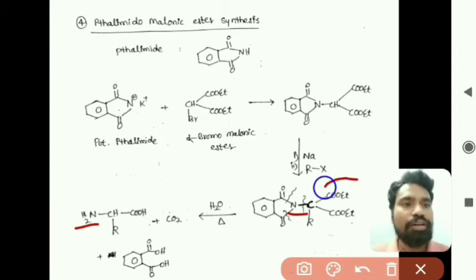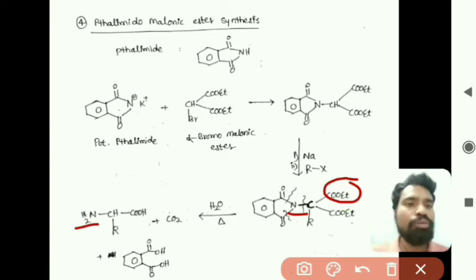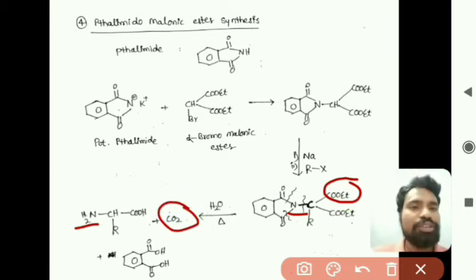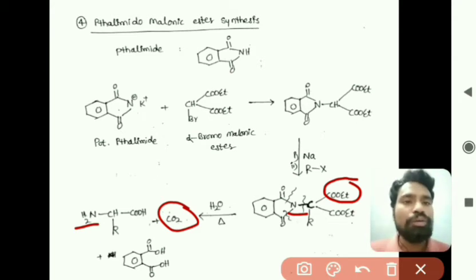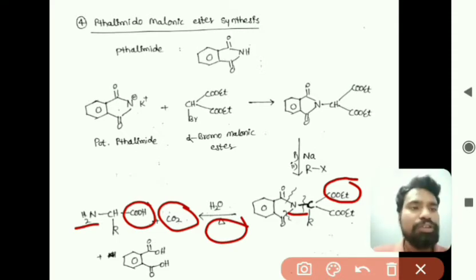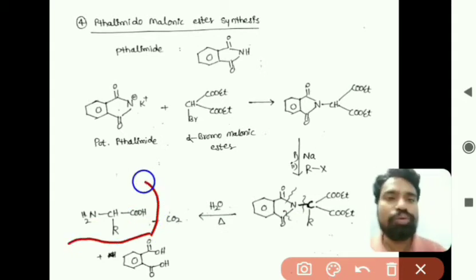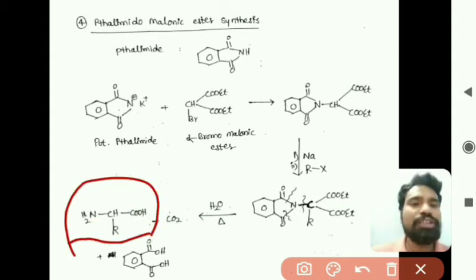Of the two carboxylate groups, one carboxylic acid group leaves as CO2 because of heat, and one COOEt will be converted into COOH. So through this we will be getting the product NH2CHR COOH, right. So this is an alpha amino acid.